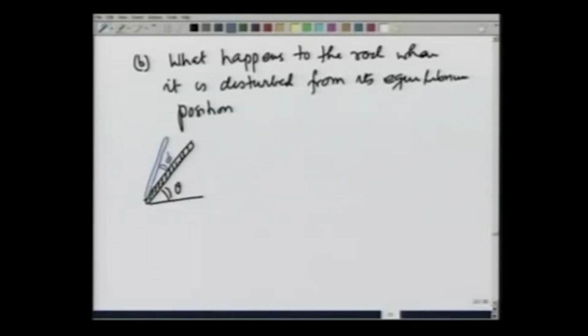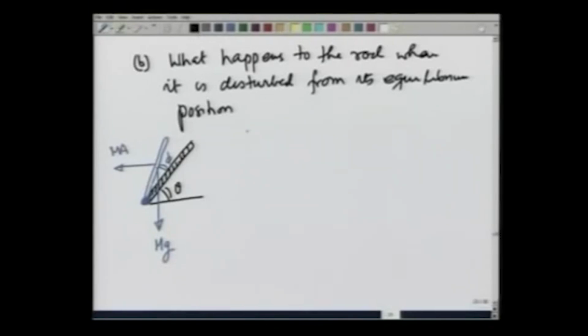What happens then? Naturally, there is a force ma working to the left, mg pulling it down, and if I write the equation for theta plus phi about the pivot point, let us see what that equation looks like.